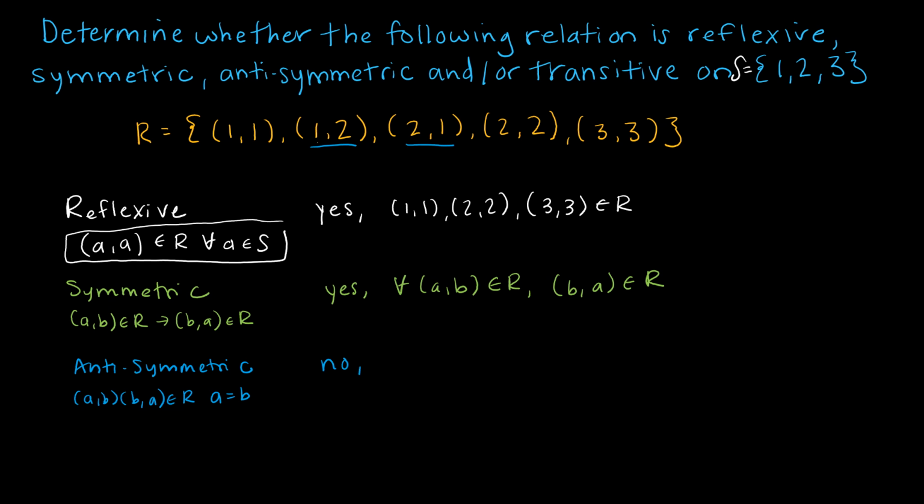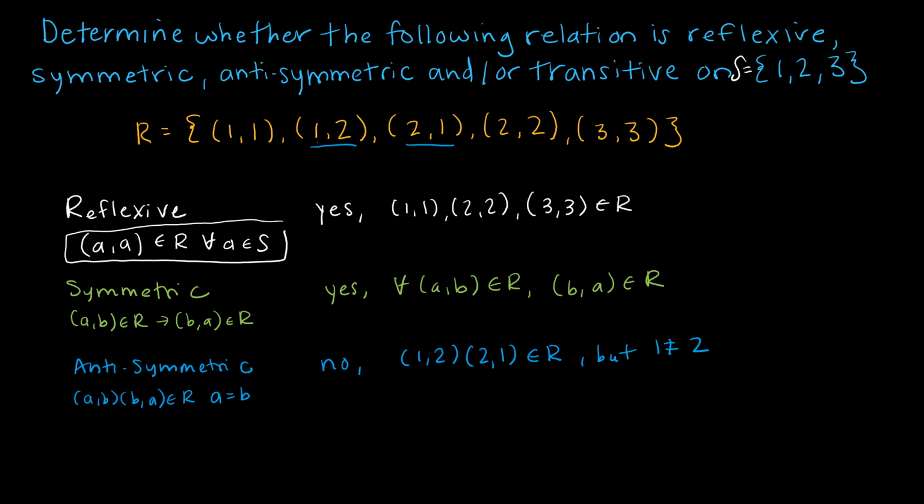And then instead of listing or writing out what the anti-symmetric property says, I'm going to give the counterexample: that 1, 2 and 2, 1 are both contained in the relation, but 1 is not equal to 2.